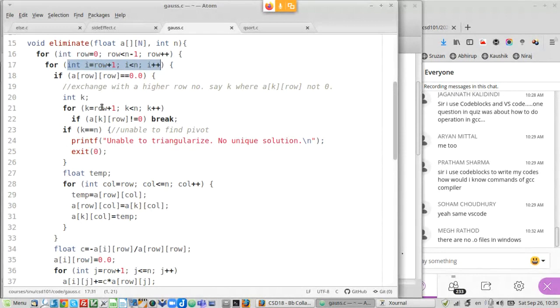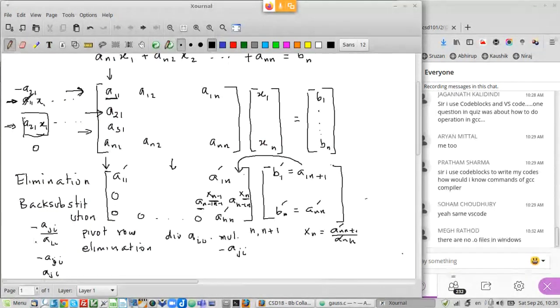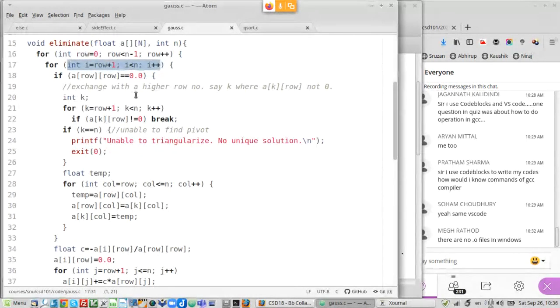Now, since we are dividing by the pivot element aii, this element cannot be 0. And that is what is happening in this whole thing, exchange. If the element is 0, there is no way you can divide by 0; you will get an overflow.